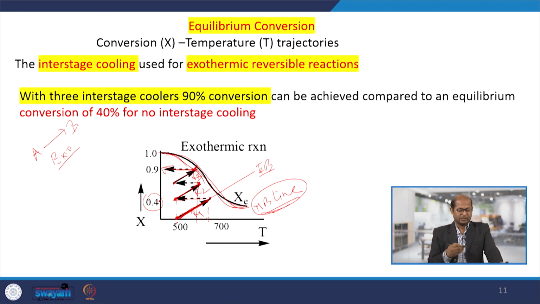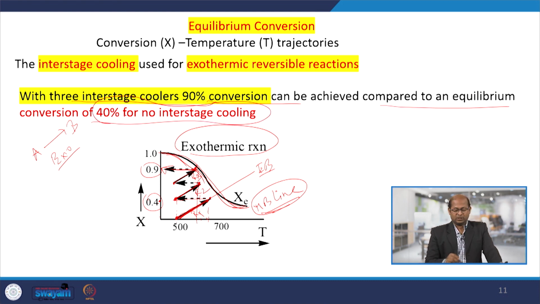So with one reactor we can achieve 40% conversion, but using interstage cooling, the same reaction with 3 reactors and 2 coolers in series for exothermic reactions, we can achieve 90% conversion. As compared to the equilibrium conversion of 40% with no interstage cooling.